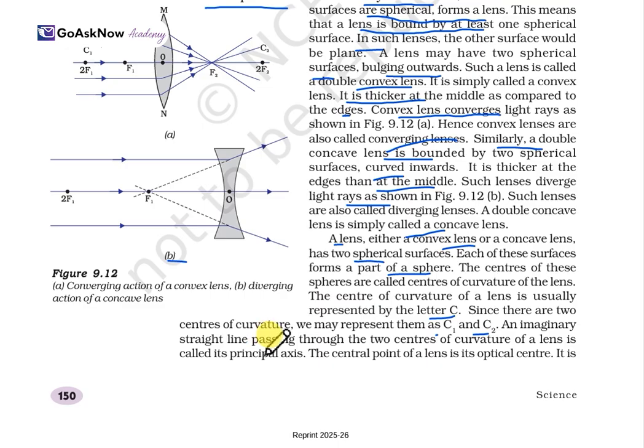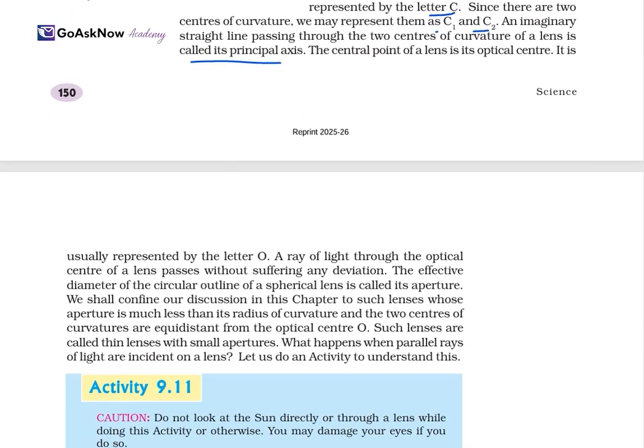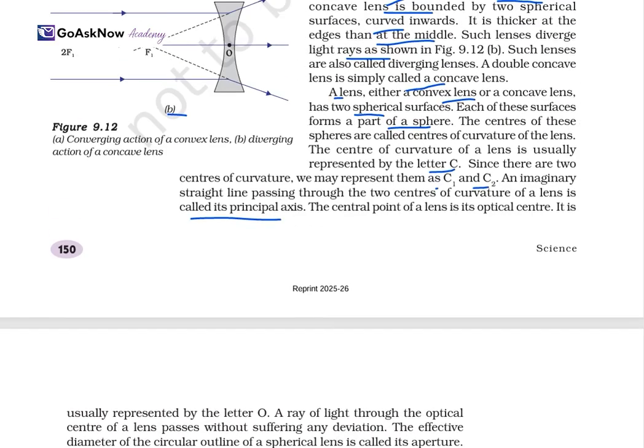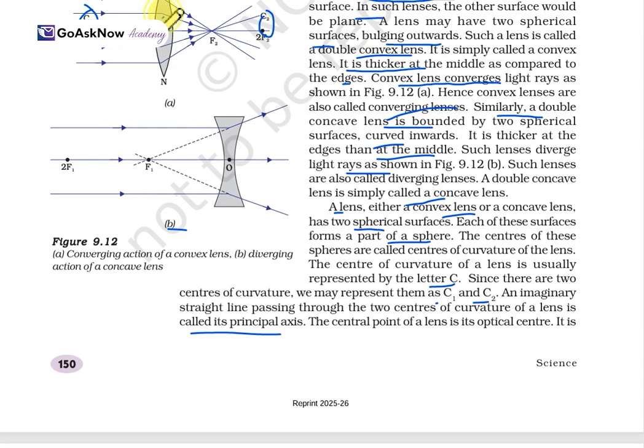An imaginary straight line passing through the two centers of curvature of the lens is known as the principal axis. The central point of the lens is the optical center, usually represented by the letter O. See, here it is.